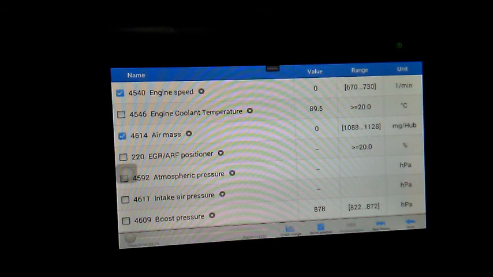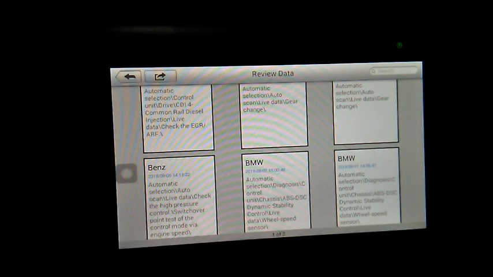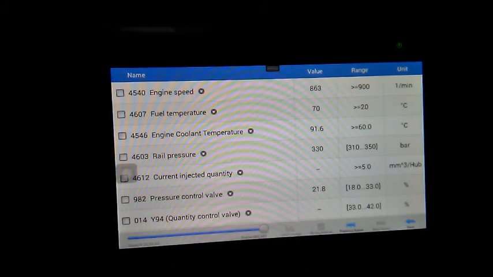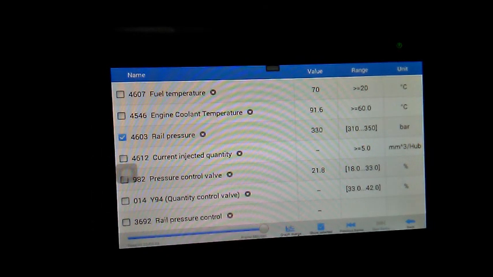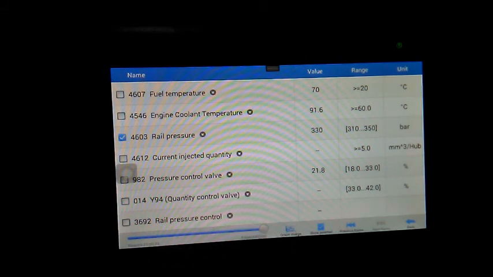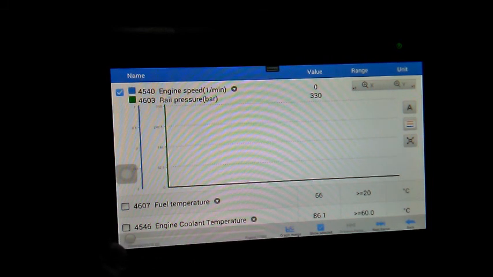I also need to go back to where I began, because this was the final recorded file, but the first one was, I think, this one, where I was trying to compare engine speed with rail pressure. So let me graph those two. Let's go to the beginning.